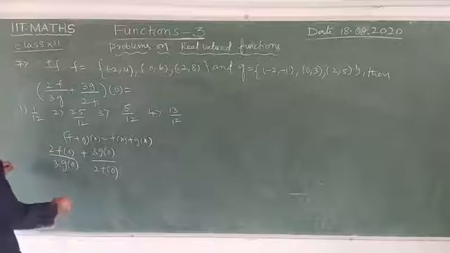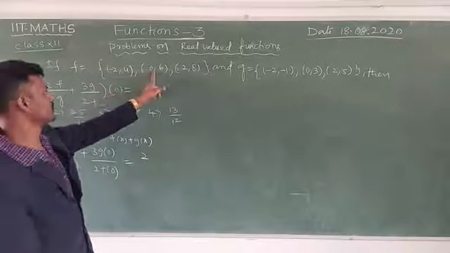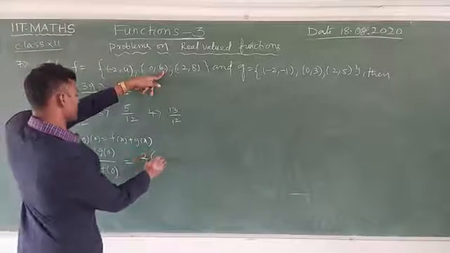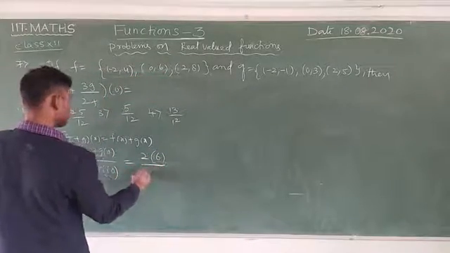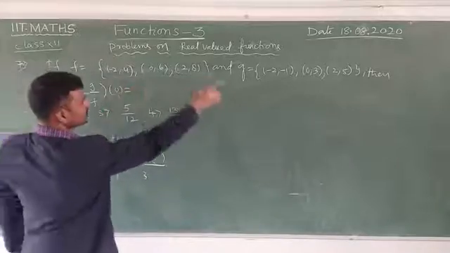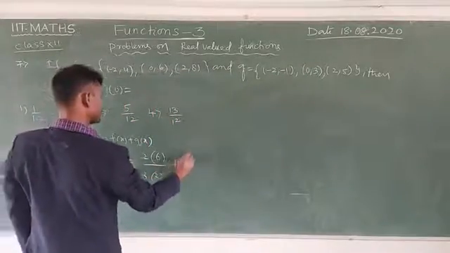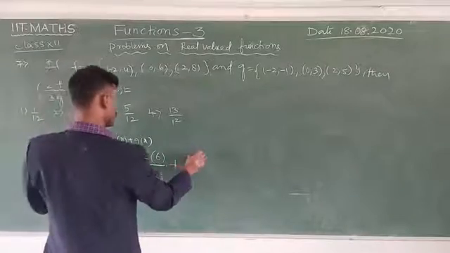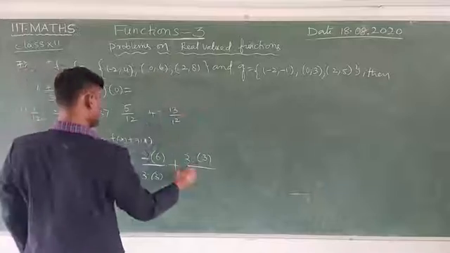Now see here, this is very easy. 2 into f of 0, here f of 0 in the codomain, its value is equal to 6. Now 3 into g of 0, value is equal to 3, then 3 into g of 0 is already 3, and 2 into f of 0 is here 6.